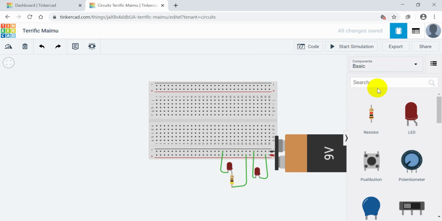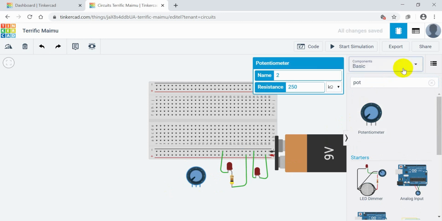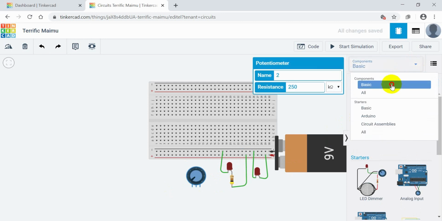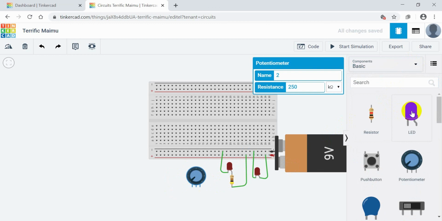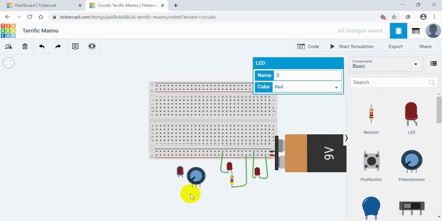Next we are taking a variable resistor, potentiometer, pot, and with this also we will check the same basic components. LED. Now this pot, we check the potentiometer resistance value.